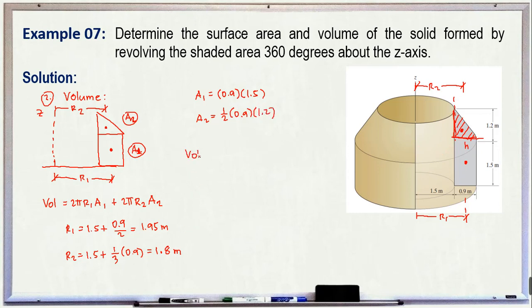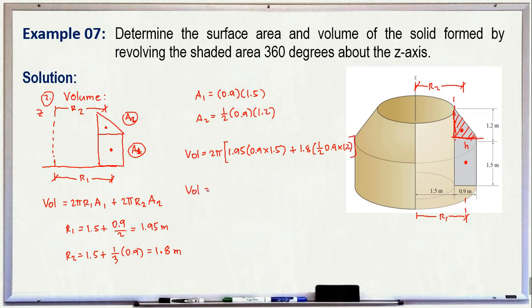Therefore, our volume is equal to 2 pi. We can factor it out. R1 is 1.95, area 1 is 0.9 by 1.5, plus R2 1.8 times area 2, 1 half 0.9 by 1.2.